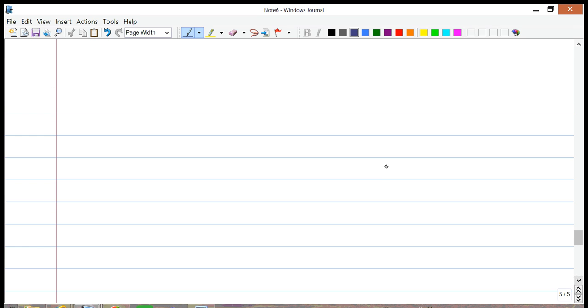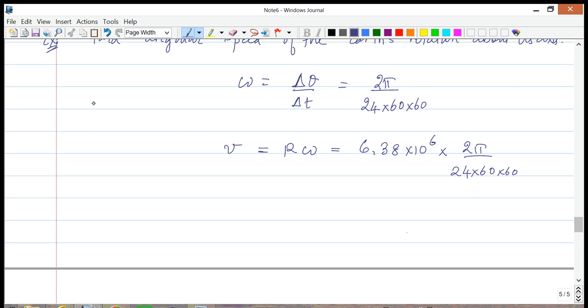Now keep in mind that as you move away from the equator, say this is the axis of the Earth, and this is the equator, the equator is at a distance of the Earth's radius from the axis. But at any other latitude, say at angle theta, the radius of the circle that goes around the axis is a smaller value.